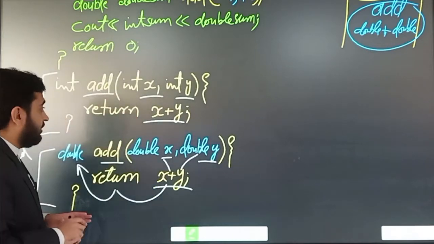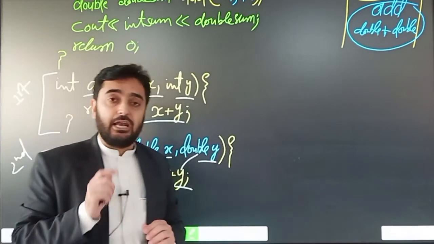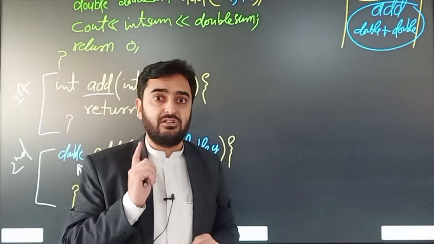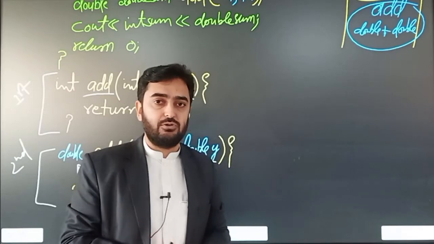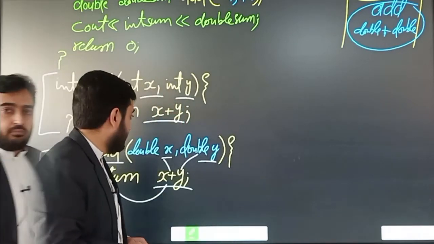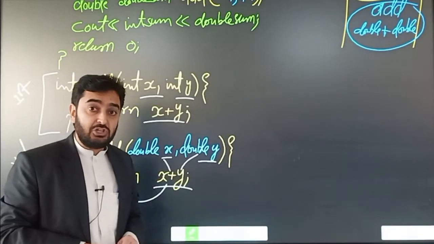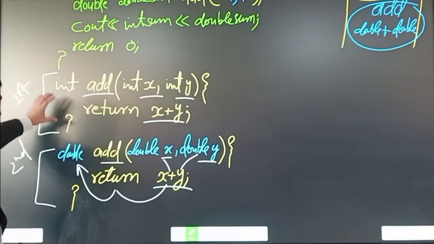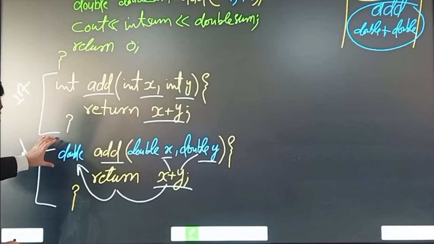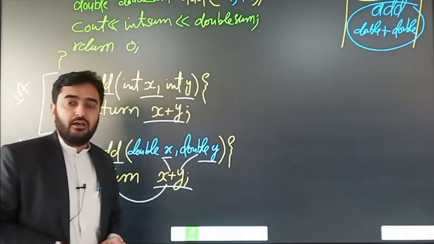Another property is that the name of the function must be the same for each and every function you define in the function overloading concept. Another point to remember is that the return type has no effect on function overloading.